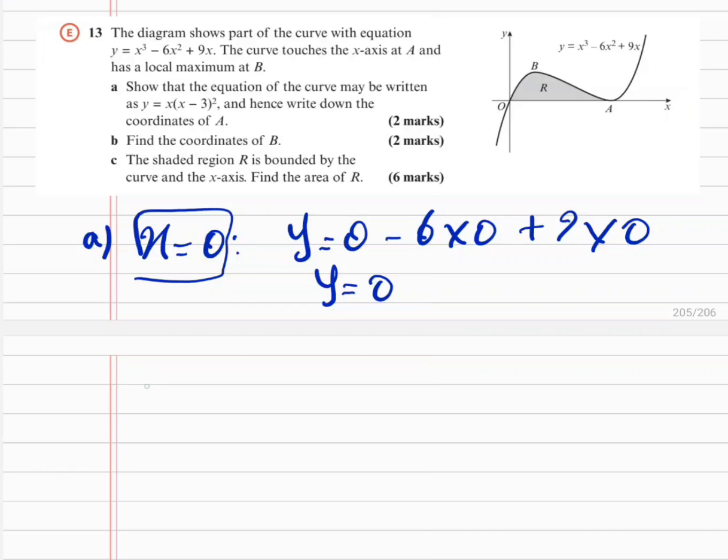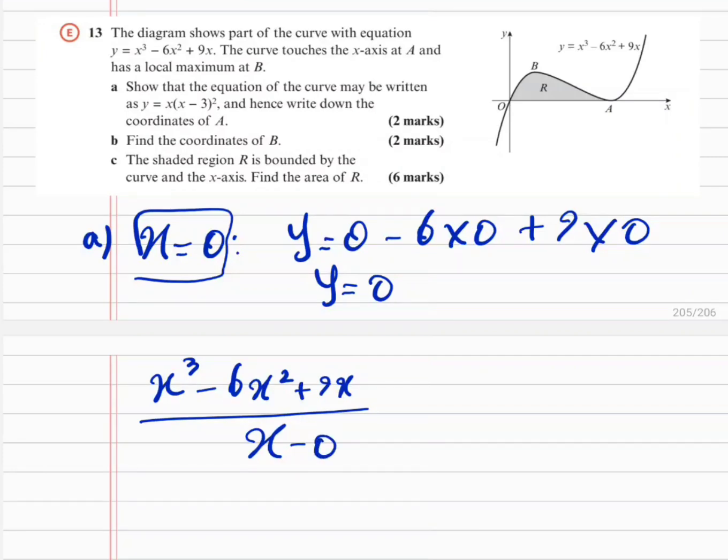We just need to do a simple division like x cubed minus 6x squared plus 9x divided by x, rather than setting up the long division, because again, the long division is always the entire equation divided by x minus the root. In this case, the root is 0, which doesn't make any difference. So that's why we are not using the long division, because there's no point in doing that.